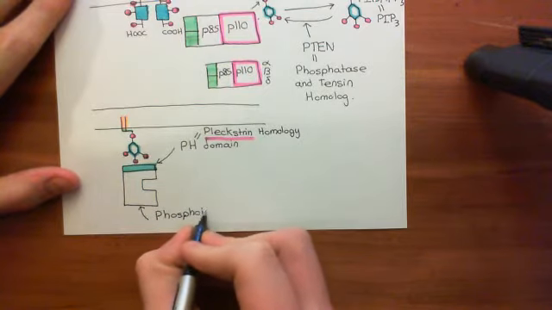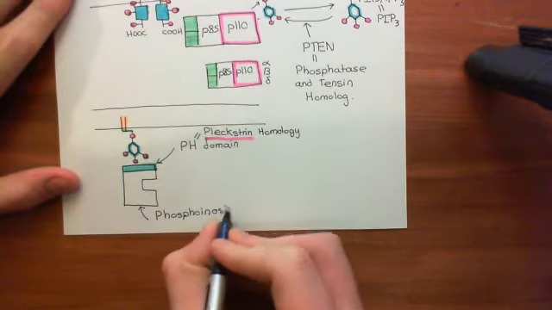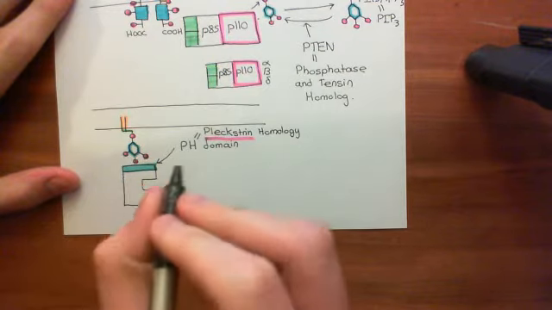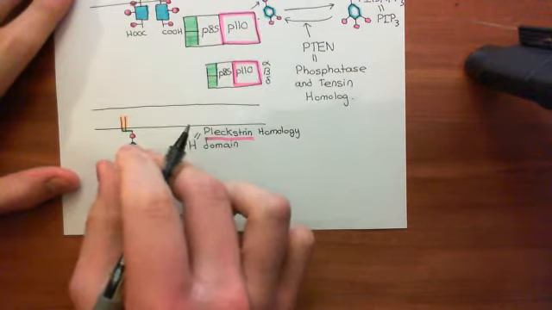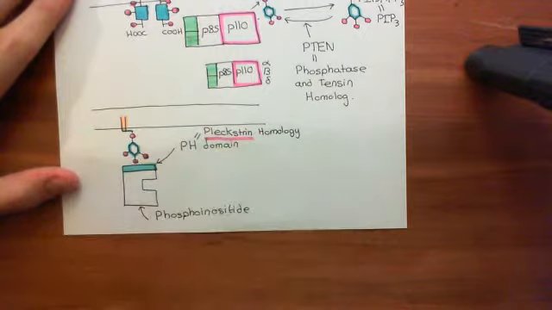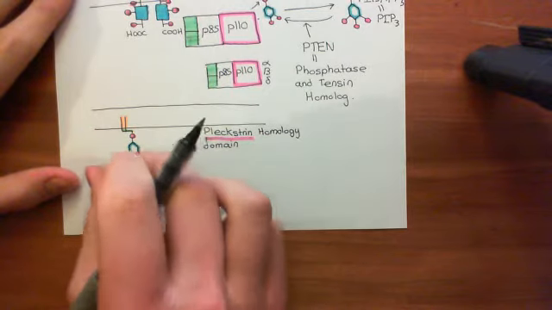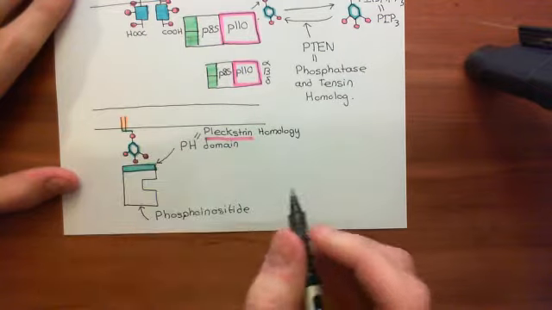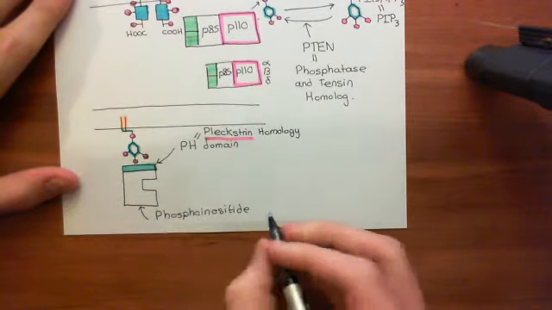And it has this special domain known as a pleckstrin homology domain, which is then going to bind to the PIP3 molecules once they appear. So once you get this transient appearance of PIP3 molecules in the inner leaflet of the phospholipid bilayer, it will now be able to bind to these, and therefore it will localize underneath the phospholipid bilayer.